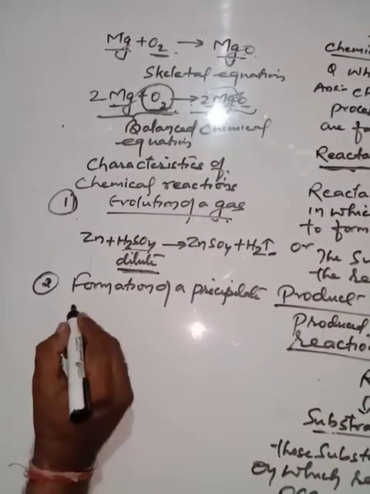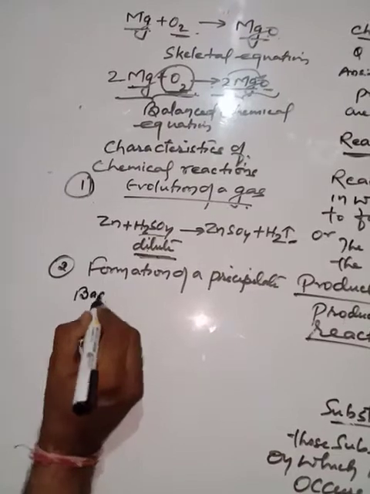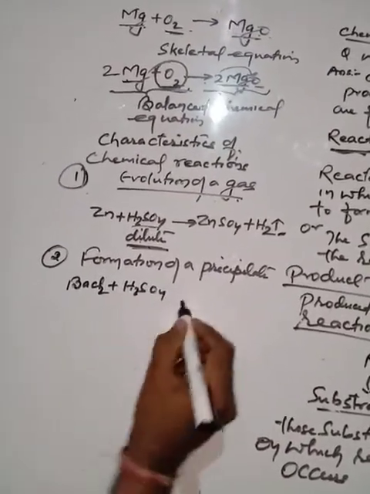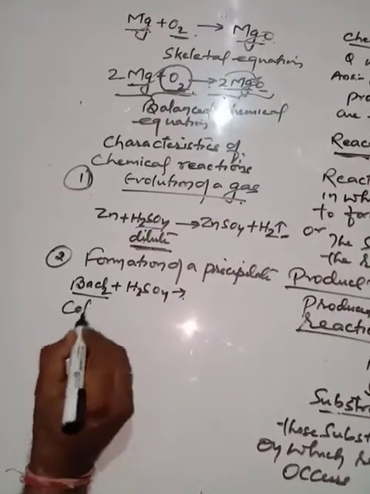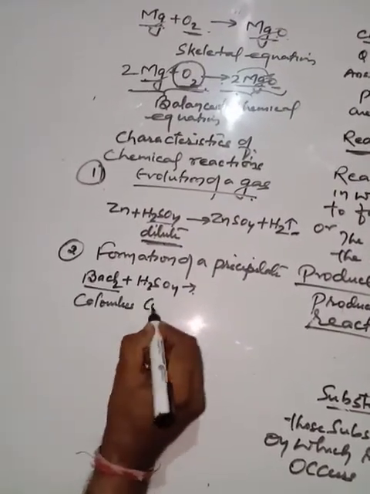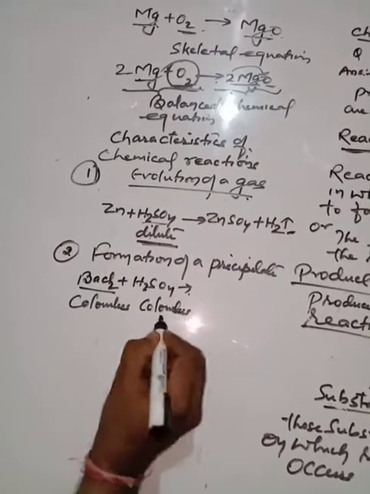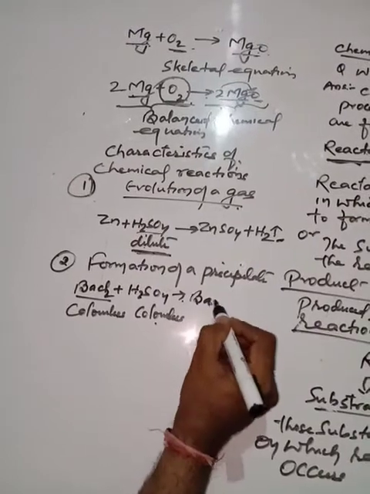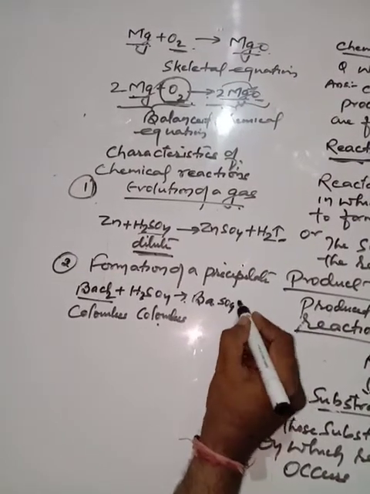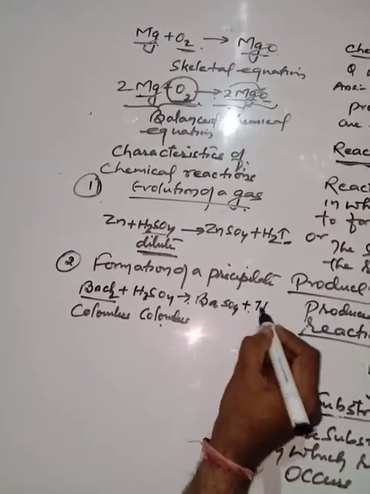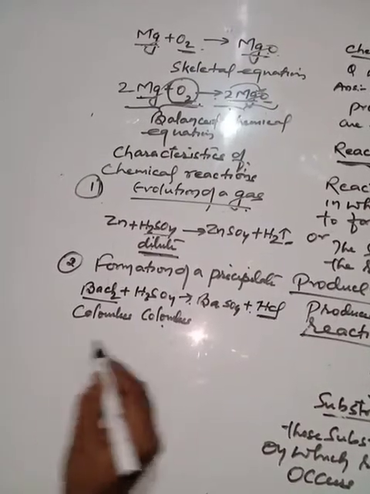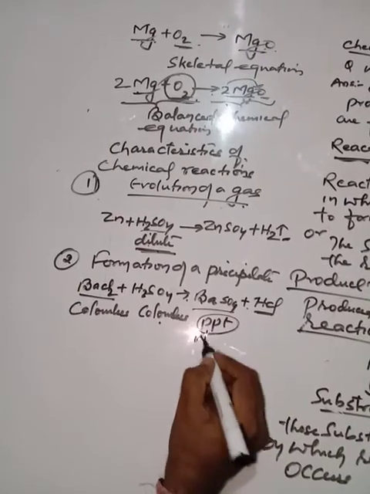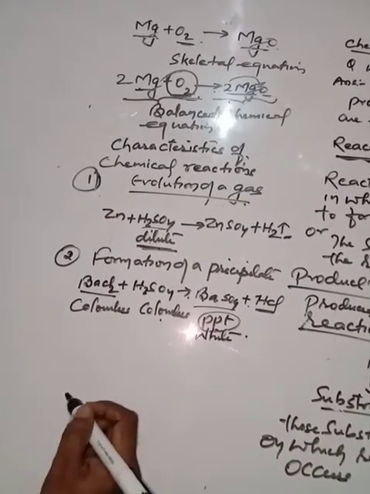This can be understood by an example. If barium chloride, which is colorless, is treated with sulfuric acid, once both get mixed with each other, it will form barium sulfate along with HCl liquid. So this is the precipitate, a turbid-like appearance, which is white in nature.